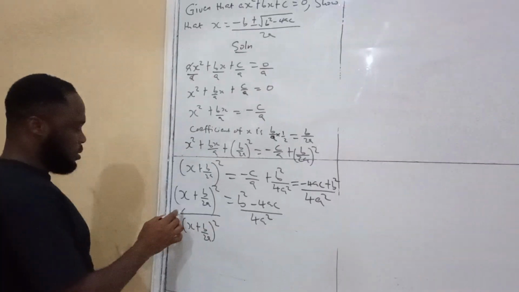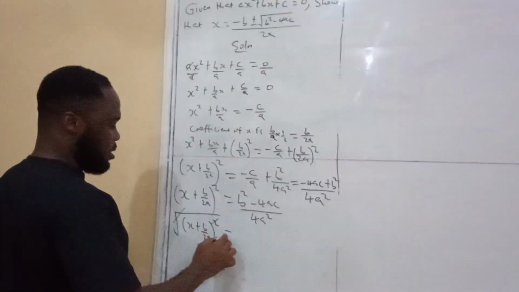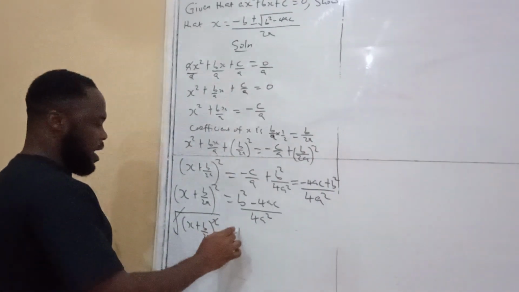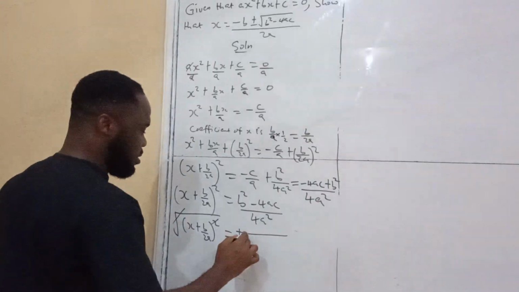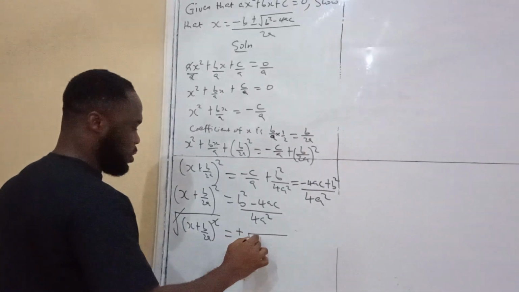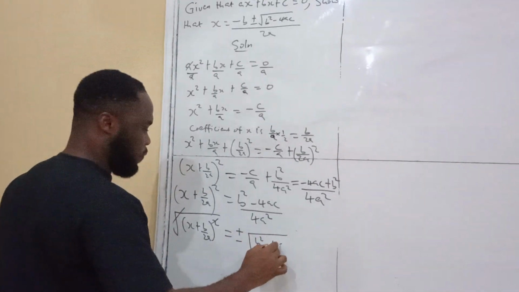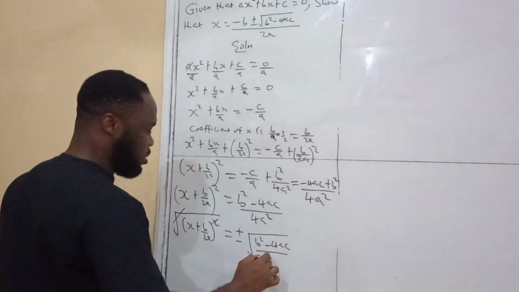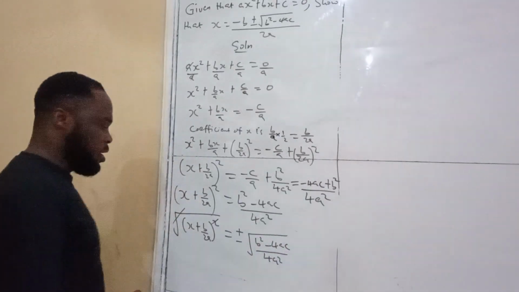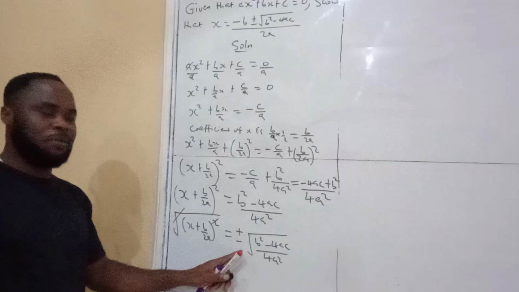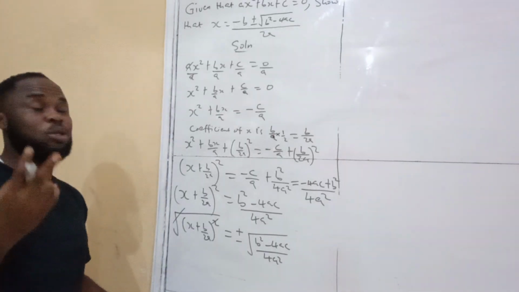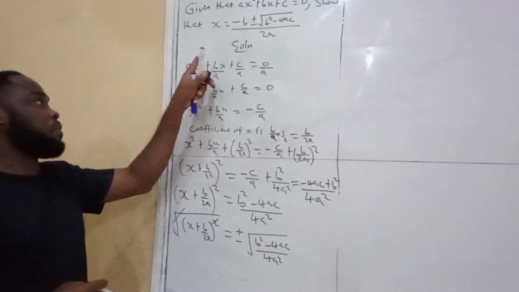So this will cancel this. Now we have plus or negative of the square root of b squared minus 4ac all over 4a squared. And do you know why we add plus or minus? Because we're expecting two values of x, because of the power 2.